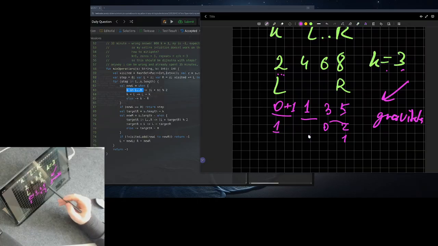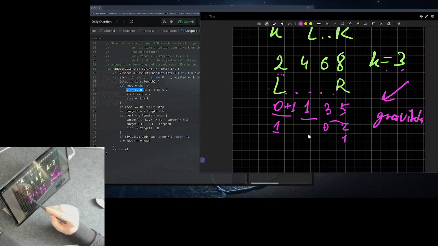So in one step we are trying to reach 0, and if we are in the left-right situation, then we can expand L to 1. This would be the next step.